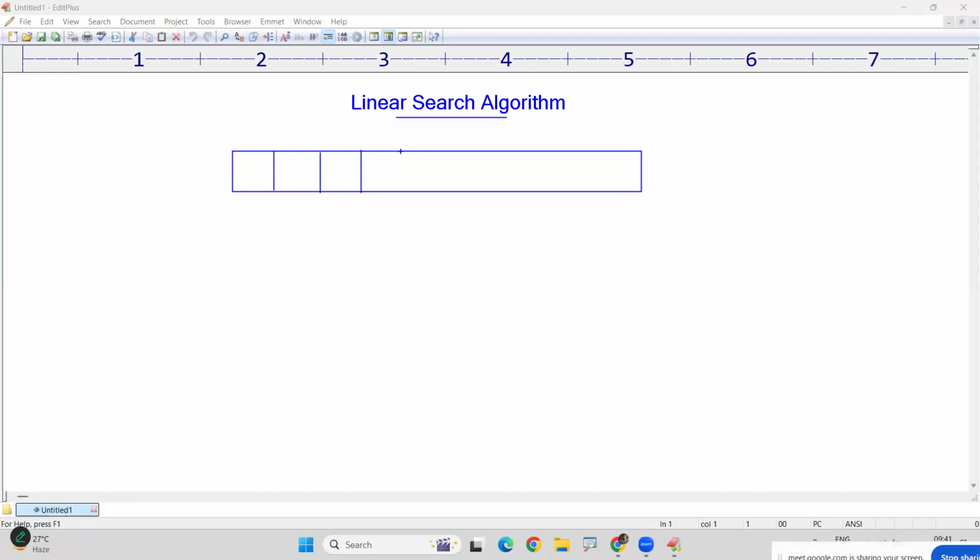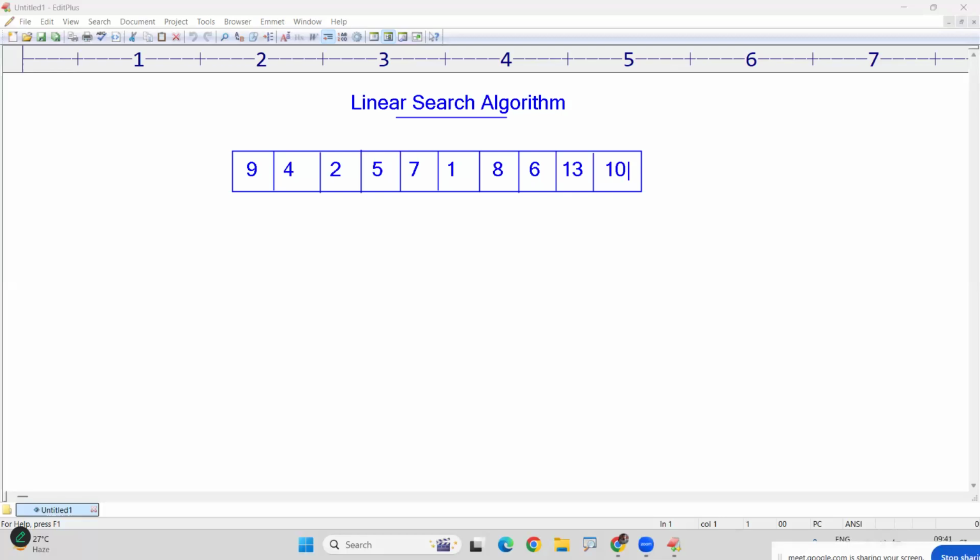Here we go with linear search. There are so many elements, like 2, 5, 7, 1, 8, 6, 13, 10. Suppose values like this.